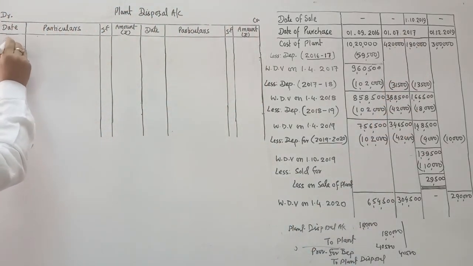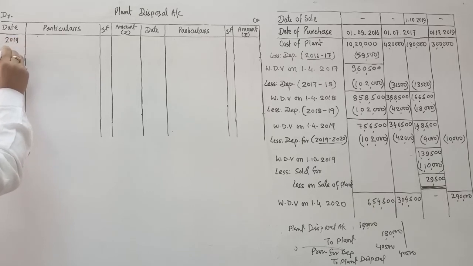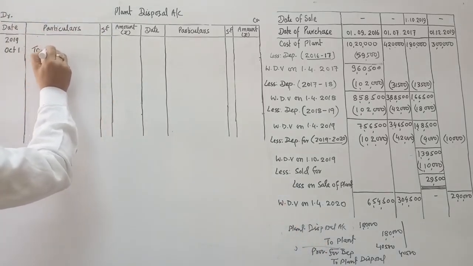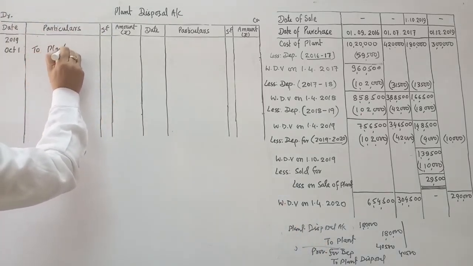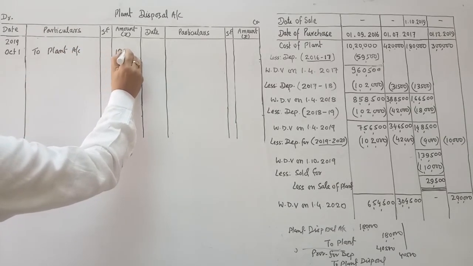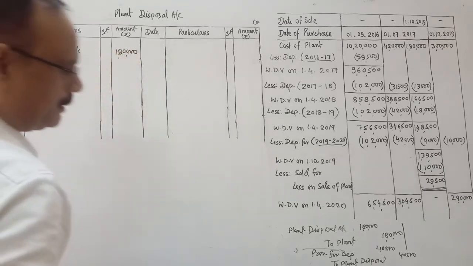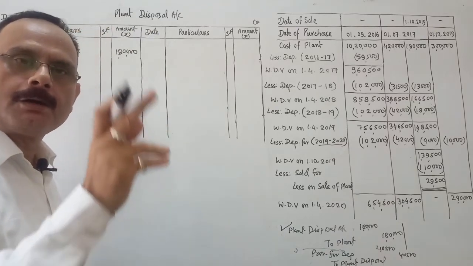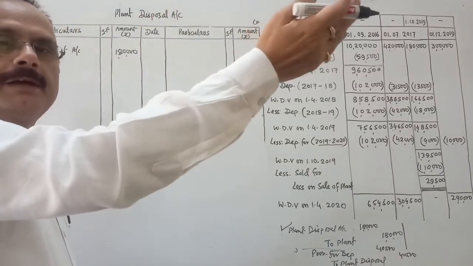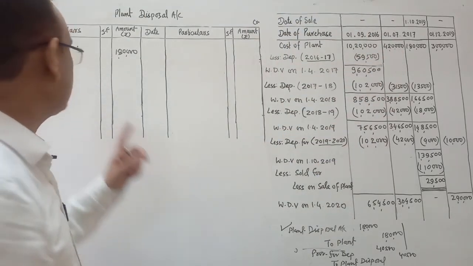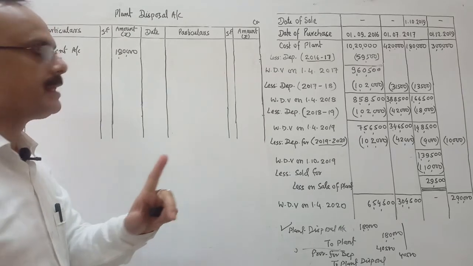So on 1st October 2019, plant disposal account debit to plant account. The amount is 1,80,000, the original cost of the plant. We did this entry while preparing the ledger of plant, on the credit side of the plant account, by plant disposal account on October 1st 2019.